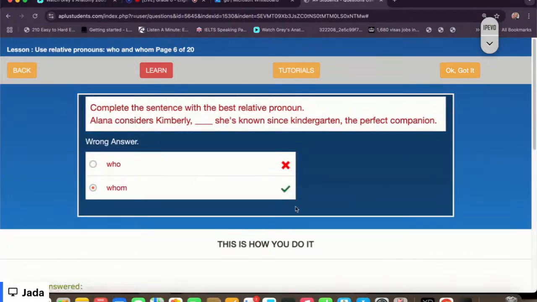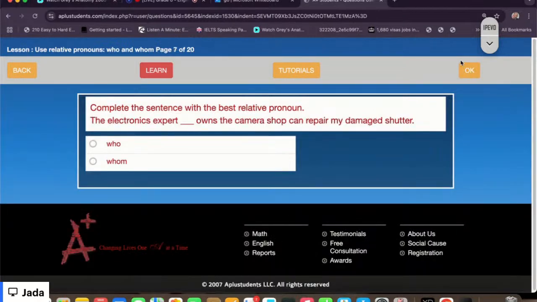So if you say who, it's wrong, but whom is the right one for this particular sentence.